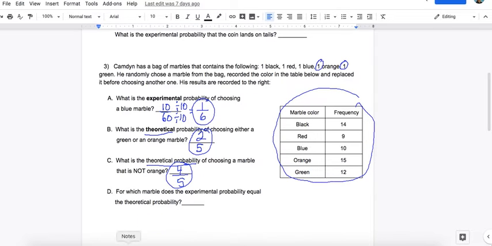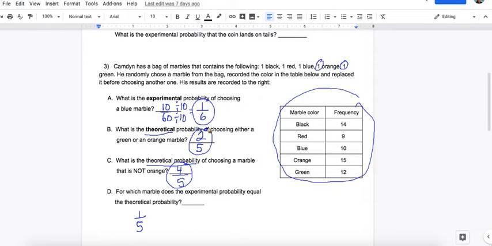Okay, it says, for which marble does the experimental equal the theoretical? Okay, so this one's a little tricky. The theoretical of green is 1/5. They're all 1/5, right? Black, red, blue, orange, and green. So we got to figure out which one would simplify to 1/5.